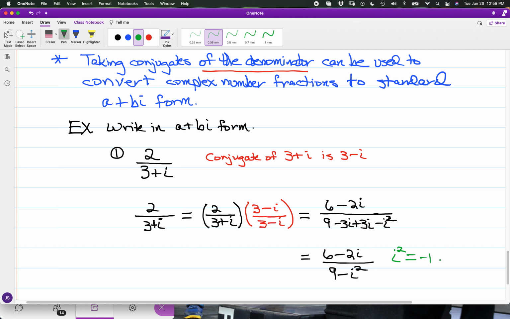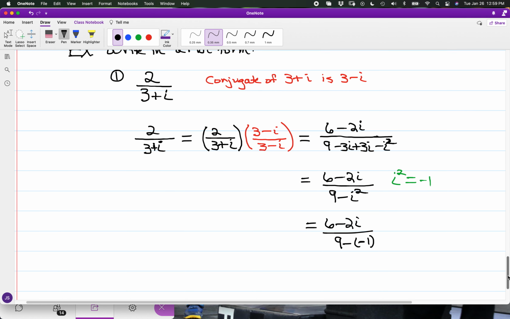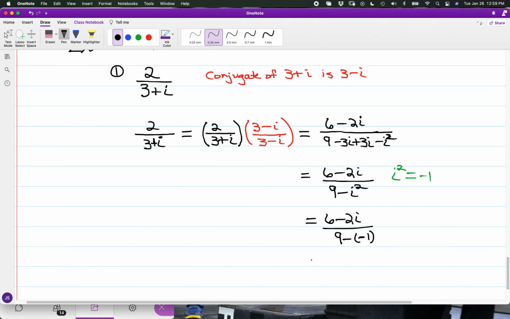Again, we have i squared equal to negative 1. And so we have 6 minus 2i all over 10. Again, subtracting the negative is the same as adding the positive.